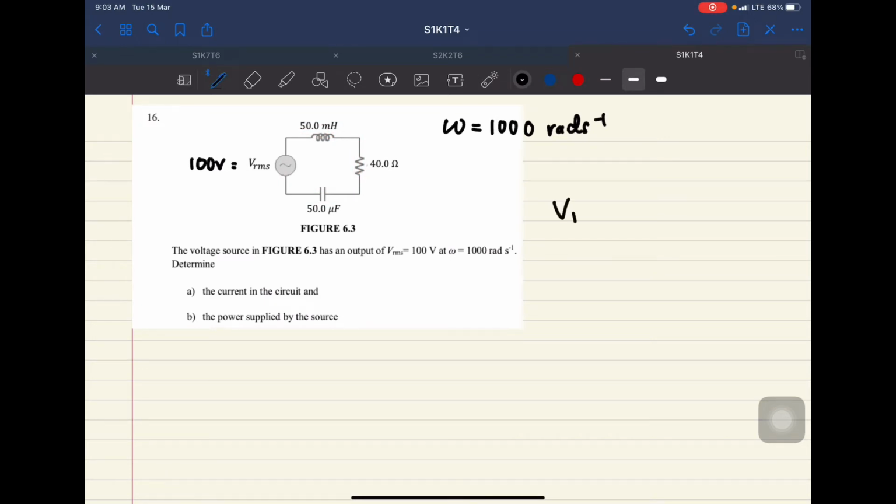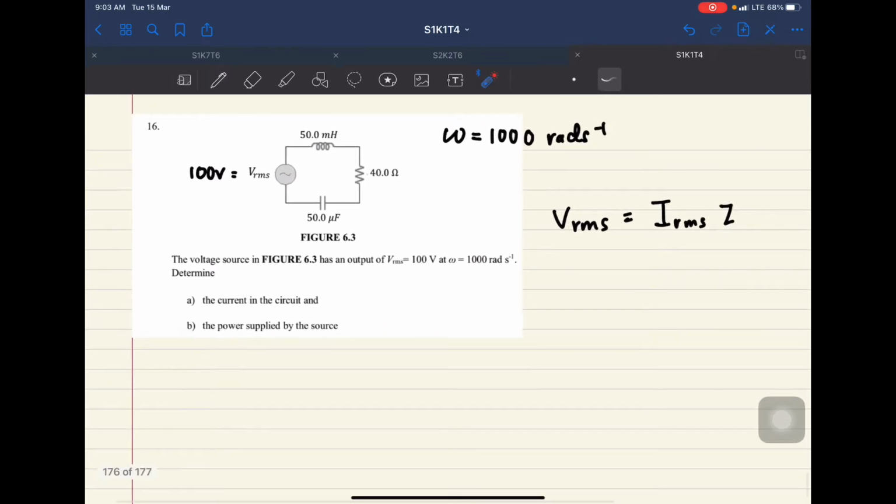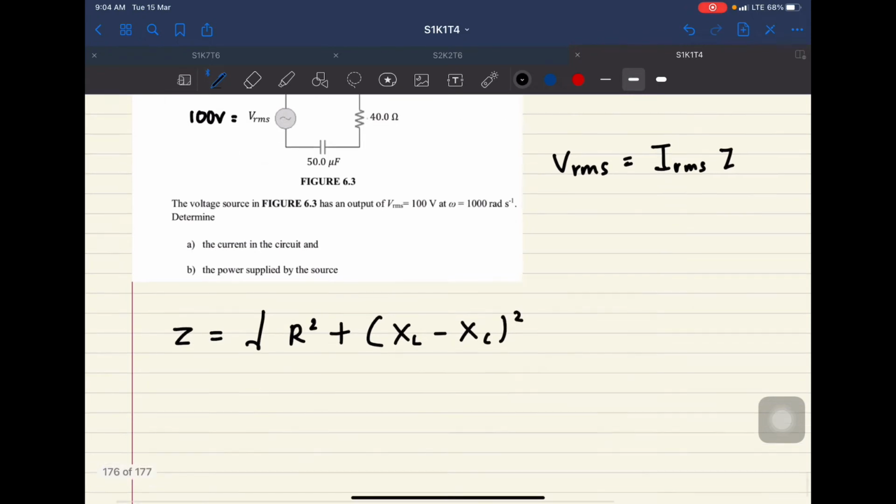So if I use Vrms, to write down the ohms equation, that will be Vrms equals IRMS Z. So I can find the IRMS because Vrms is given, the voltage supply, and the Z here is your impedance. So you have to calculate Z first. Z is equal to square root of R squared plus XL minus XC squared.